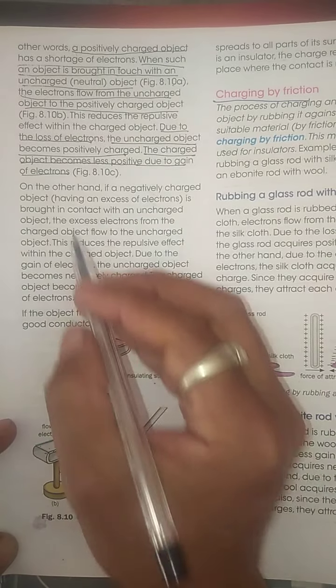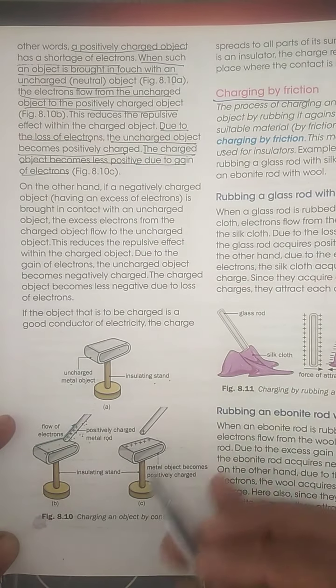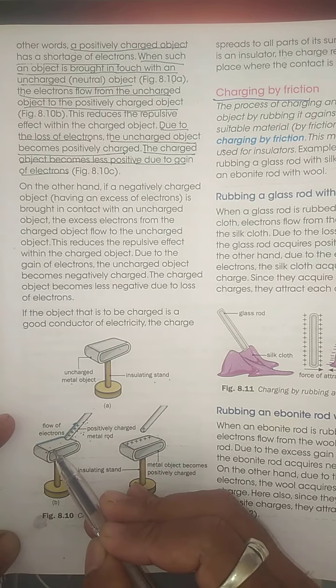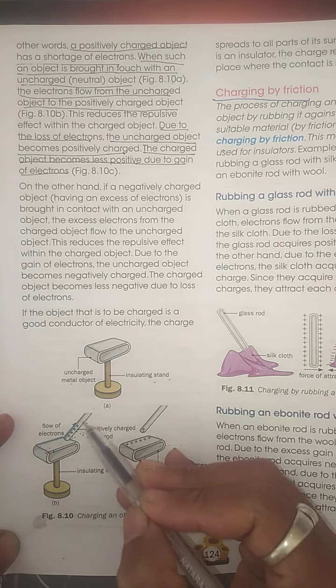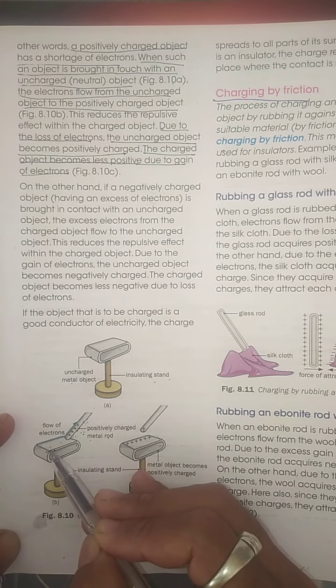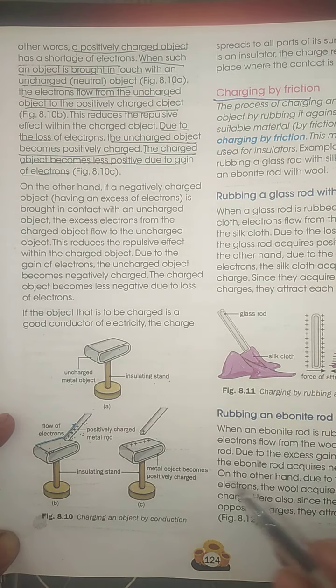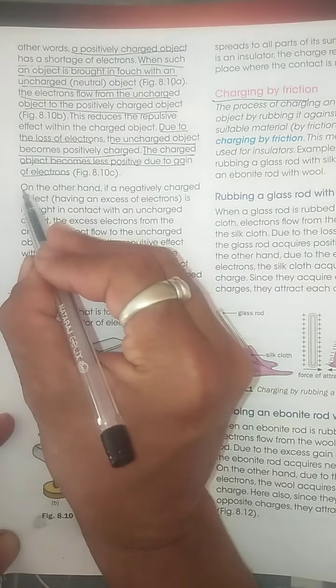On the other hand, the process can be opposite also. It's not necessary that you have to touch a positively charged metal rod to the uncharged metal rod. We can touch a negatively charged metal rod to the uncharged metal rod also. In that case, that uncharged metal rod becomes negatively charged.